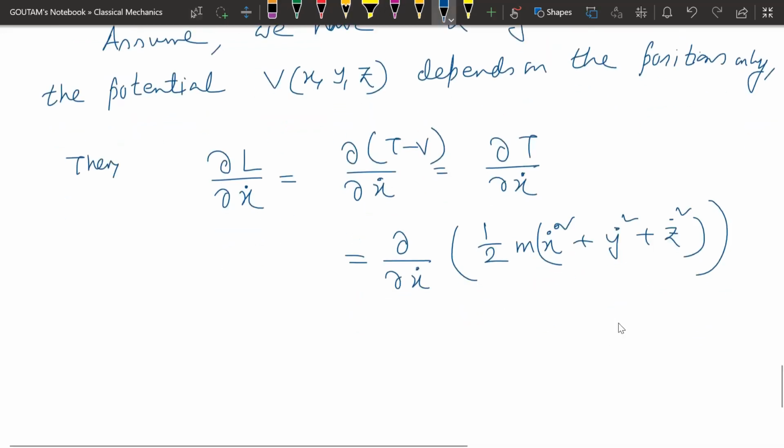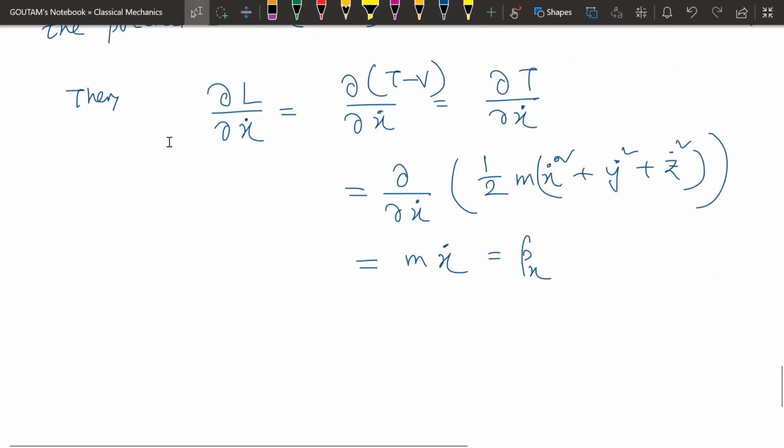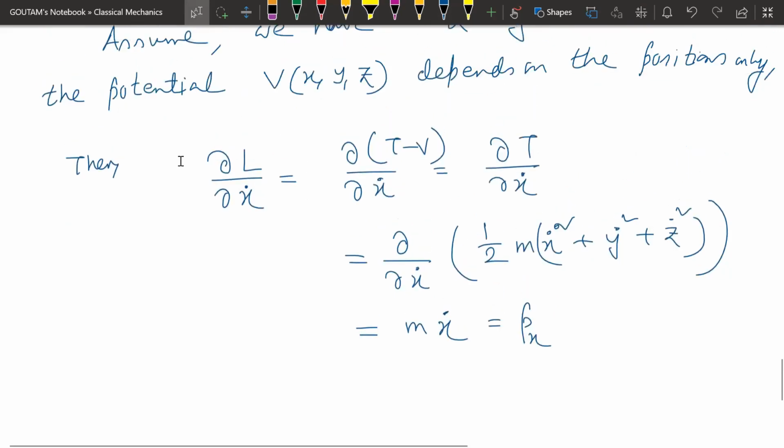So del x dot of this kinetic energy will be m x dot, which is the momentum along x direction. So if we take del L del x dot, we will get momentum along x direction.